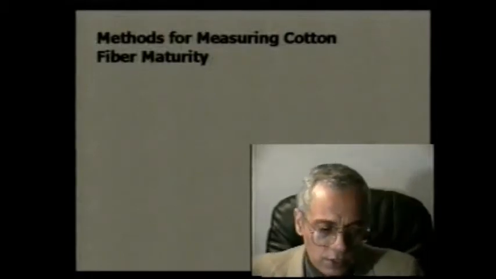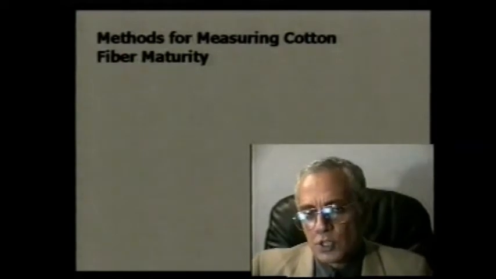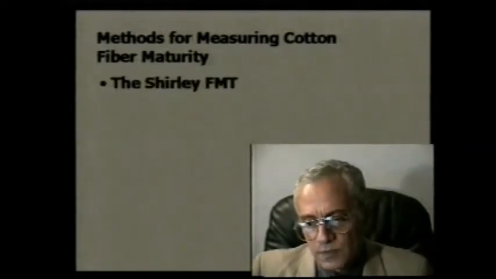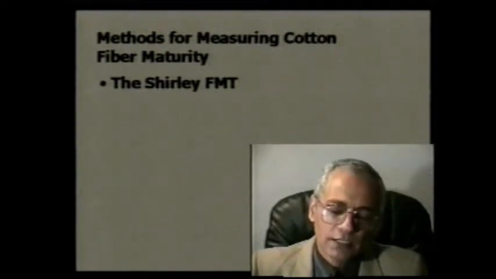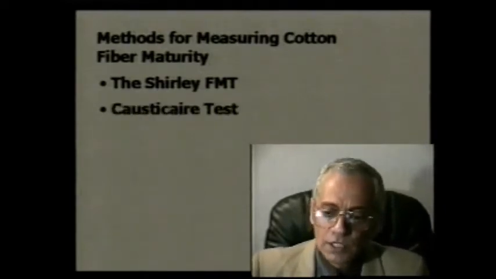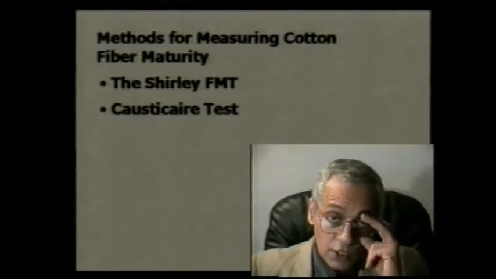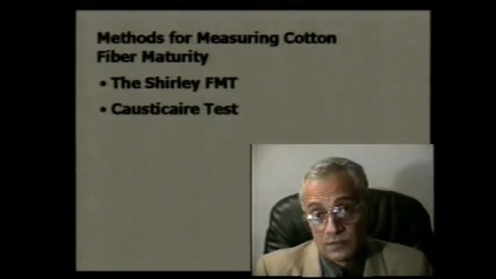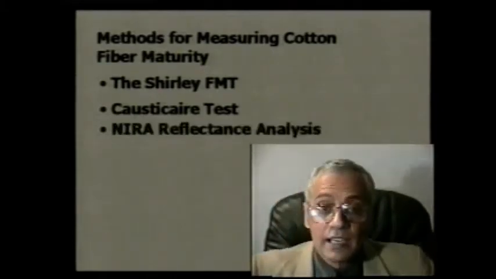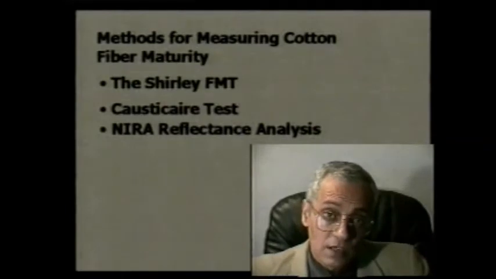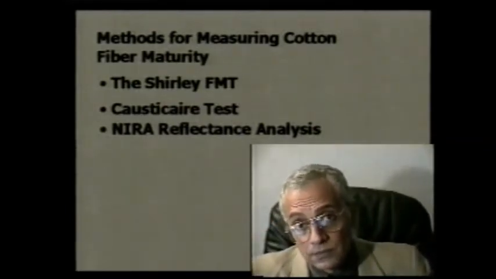There are many methods, as I said early on, in the market today that one can use to measure fiber maturity. There is the Shirley FMT, that's the Fineness Maturity Tester. There is the caustic air test, which is a very old test, but it's still used as a reference test. And there is the NIR reflectance analysis, and there are commercial systems now, the Analyzer 400.